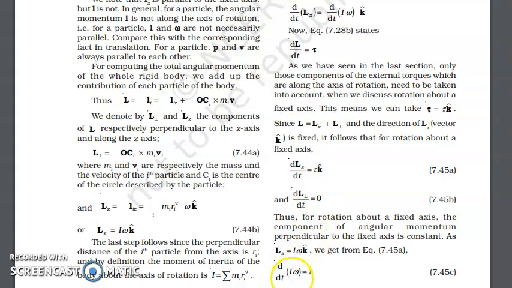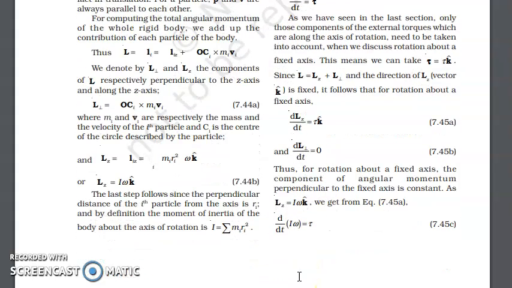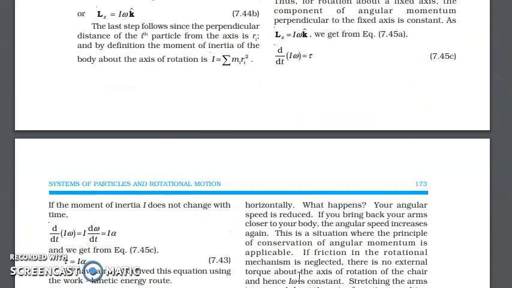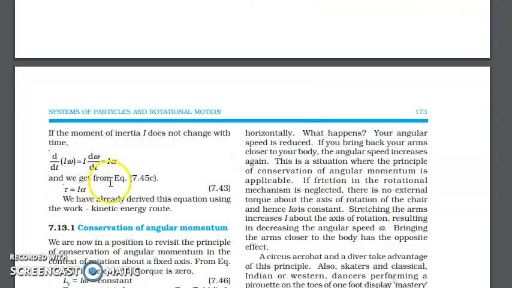So d by dt of I omega is equal to tau, and I is constant with respect to t, so you can write it here I d by dt of omega, and d by dt of omega is termed alpha, that is angular acceleration. So you can see that tau is equal to I alpha. So this is the equation for rotation, the analogue of force in terms of rotation.